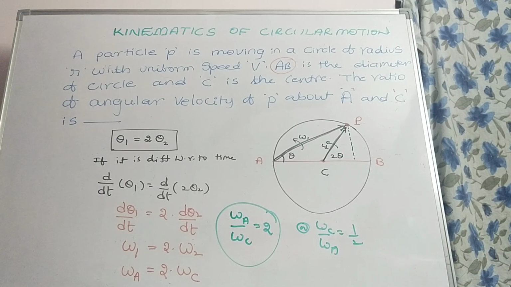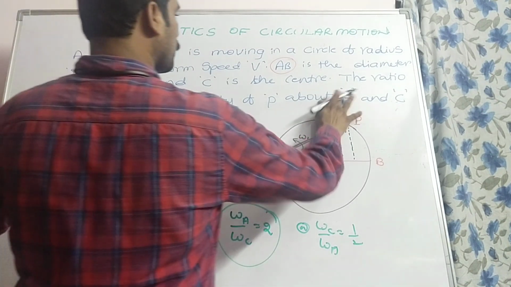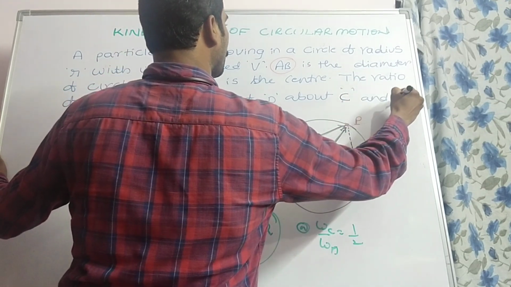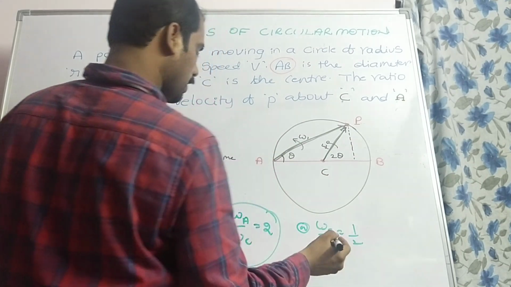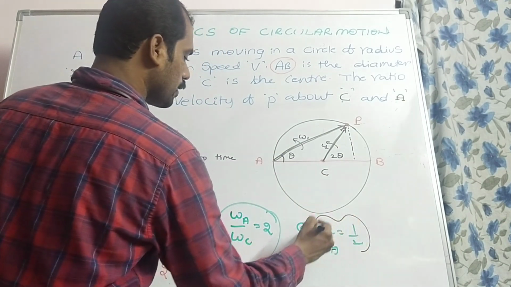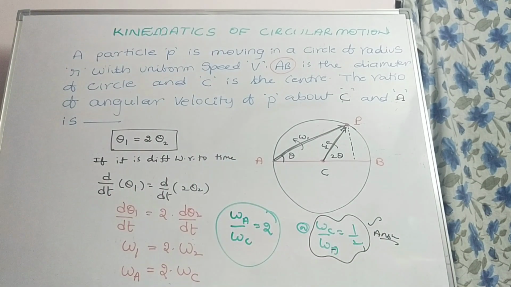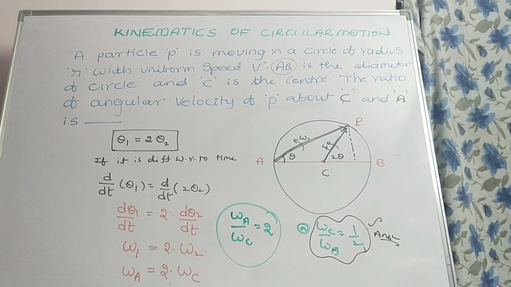Students, here is a small modification. Take it as C and A. Then we have to write omega C by omega A is equal to 1 by 2, this is the answer. A small modification, just exchange C and A.